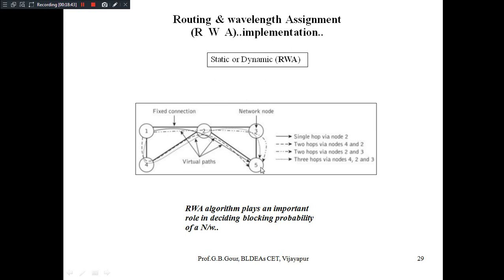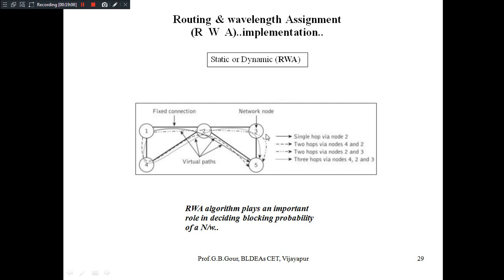be assigned. Suppose the shortest path is found, but practically sometimes that shortest path is available but it is not free; in that case the link will be blocked. So the RWA algorithm plays an important role in deciding the blocking probability of a network.